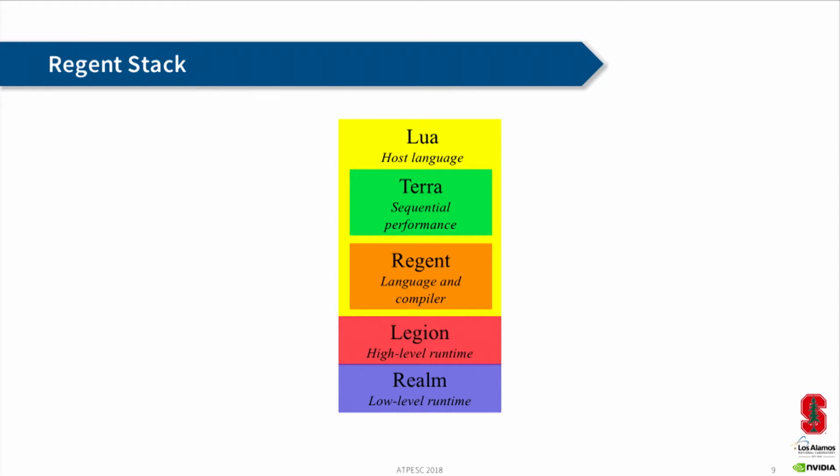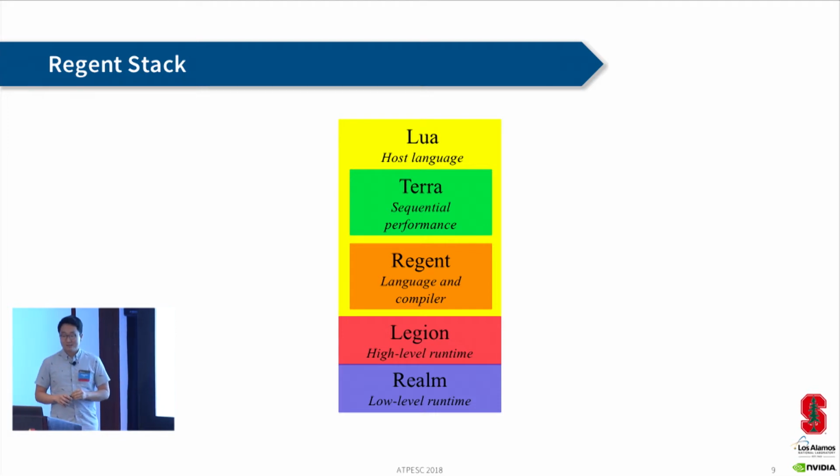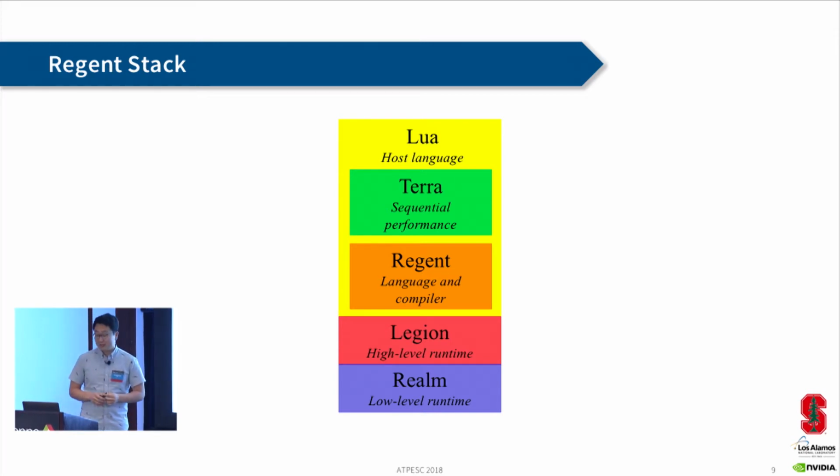A Regent program is compiled down to a Legion application. You see that Regent is wrapped around the Lua language. Regent is actually an embedded language in Lua, so they share the same kind of environment, which is very unusual. This also helps do the meta-programming of Regent programs pretty easily.